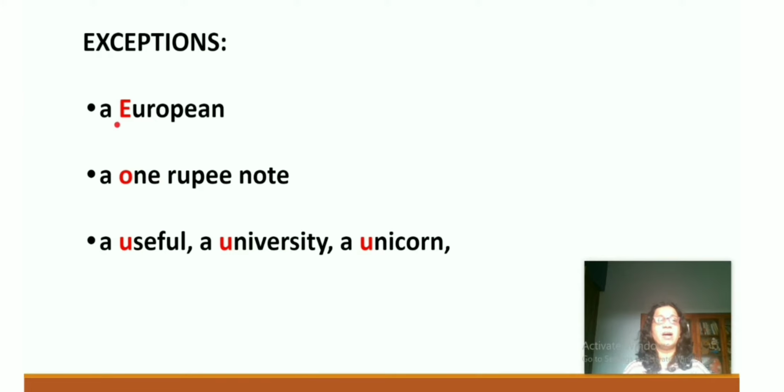So you say a European, a one rupee, a useful, a university, a unicorn. Why? Because they have the sound of YU, which is a consonant. They start with the consonant sound, though they are using the vowel. Understand?